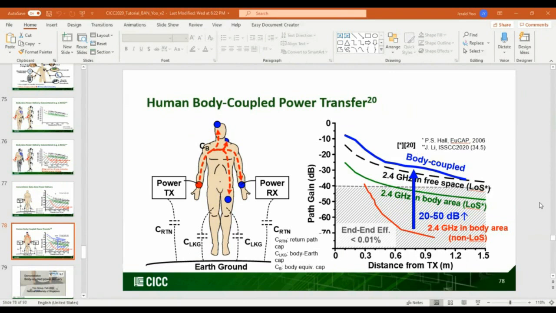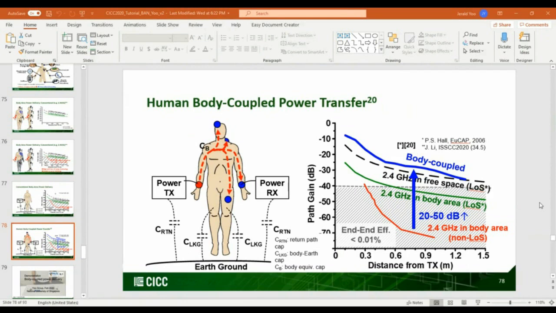Now, what is the downside? If you gain something, you also lose something. Right now, the downside is that the efficiency in terms of power transfer is still not as good as using the battery itself. For example, with the version that we have right now, if you transmit 3 milliwatts of power, what you can cover at the other side of your body, let's say from hand to ankle, will be around tens of microwatts.